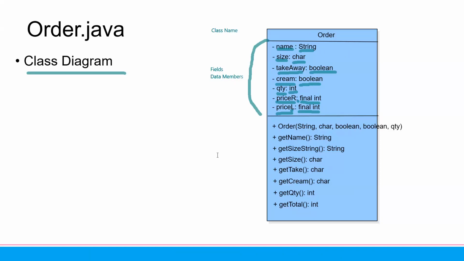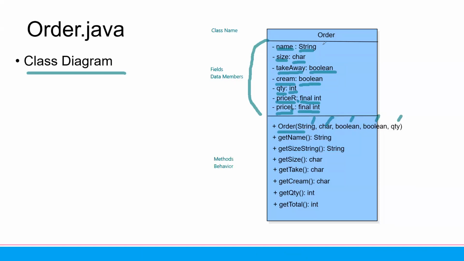And we have the next, which is about the methods or the behavior of the class. What is the behavior of the class? We have constructor. A constructor means we want to make an object. We have string, character, Boolean, quantity.